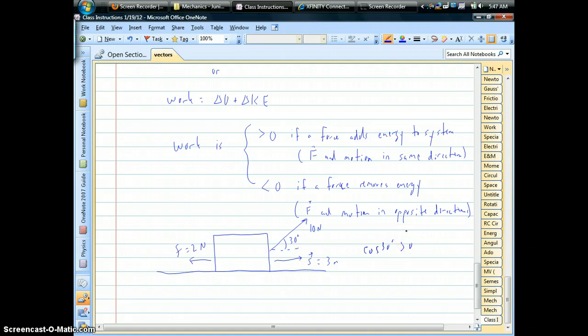Whereas in the case of a friction force, friction is going opposite the motion, opposite your displacement, and so there you'd have a cosine of 180 degrees, which is going to be negative. So friction is doing negative work on the object. It's trying to slow it down, taking energy away in the form of heat.